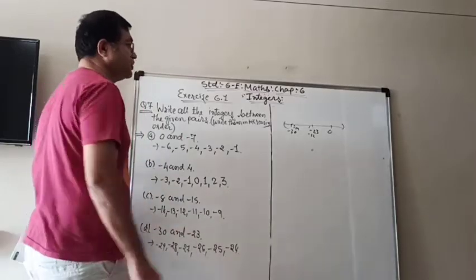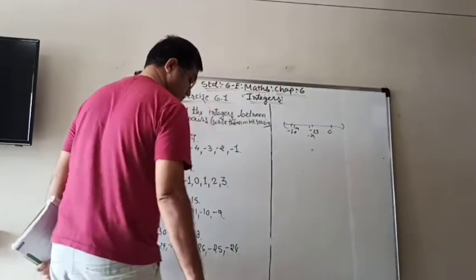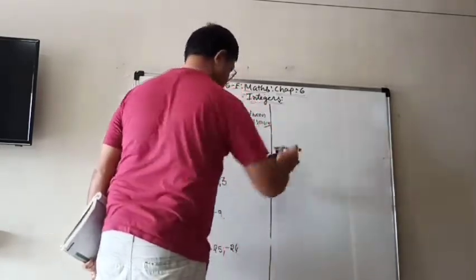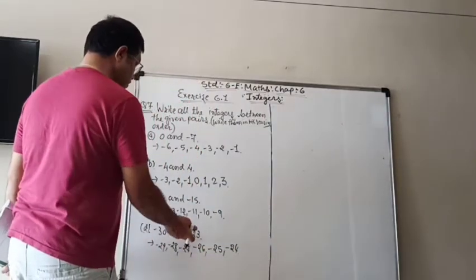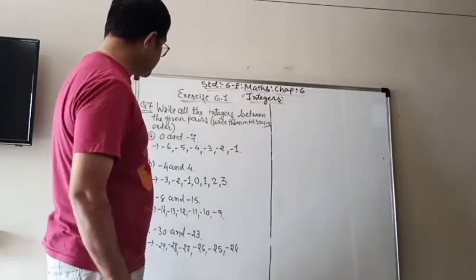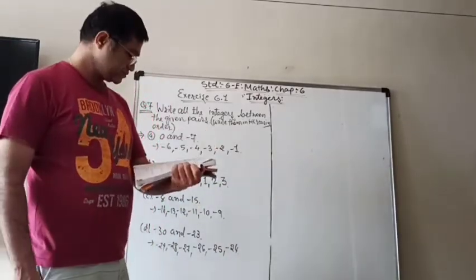Because of minus 23, up to minus 24 should be there because it's going this side. So up to minus 24 we have to write it down. So those numbers are in the increasing order and they are lying between minus 30 and minus 23.